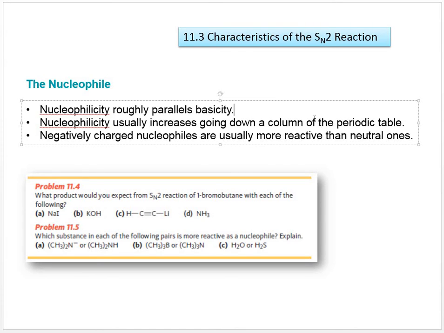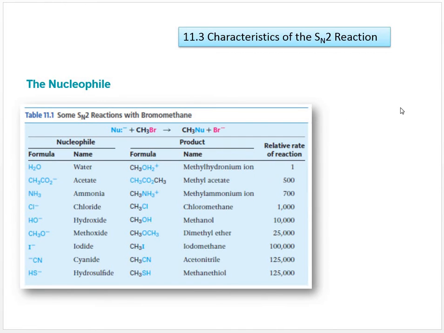Second, is there any generalization in the periodic table, or between nucleophiles, that we can come up with? We are going to see that in this table. We say that nucleophilicity roughly parallels basicity. Why roughly?